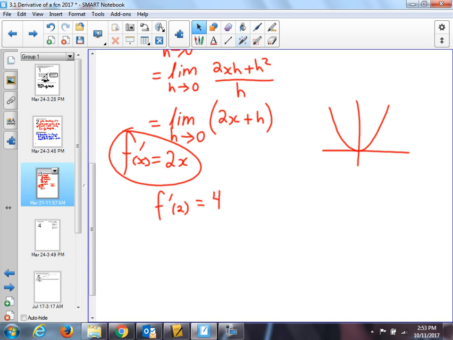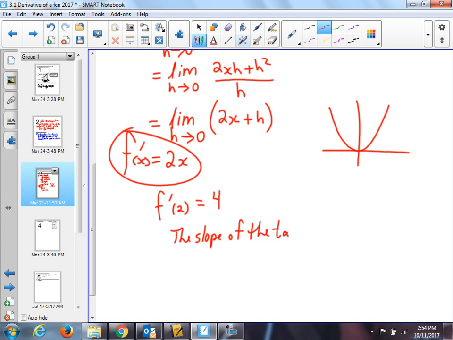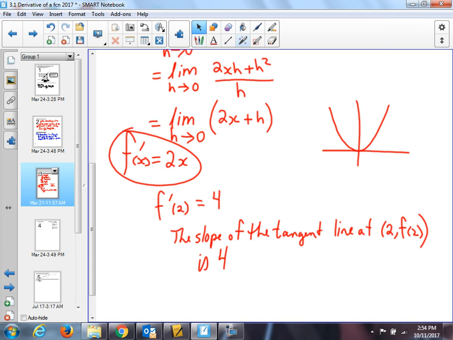That is the slope of the tangent. I could have put it as f prime of 2.